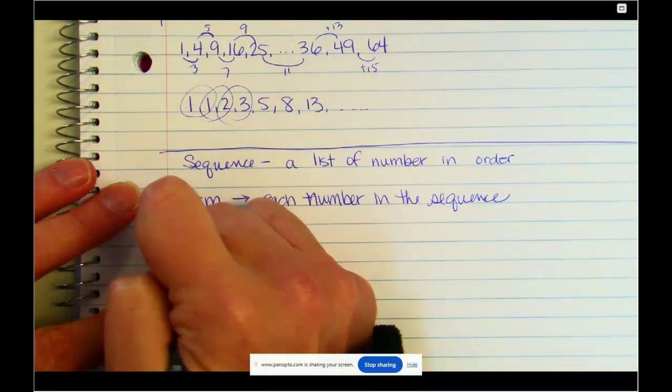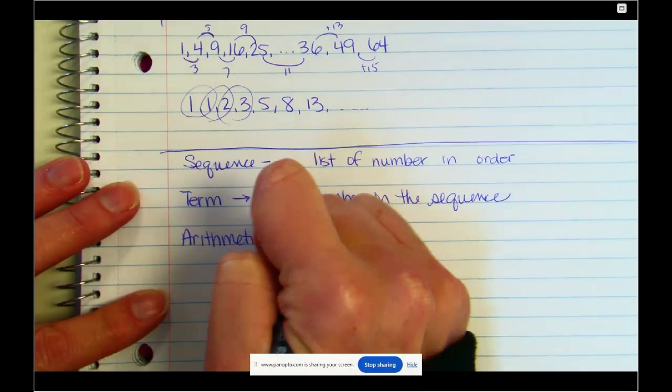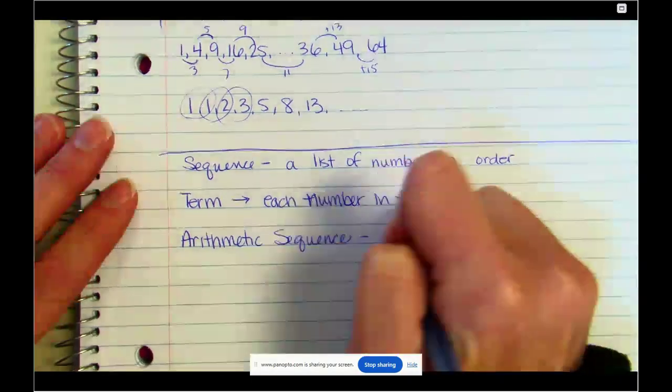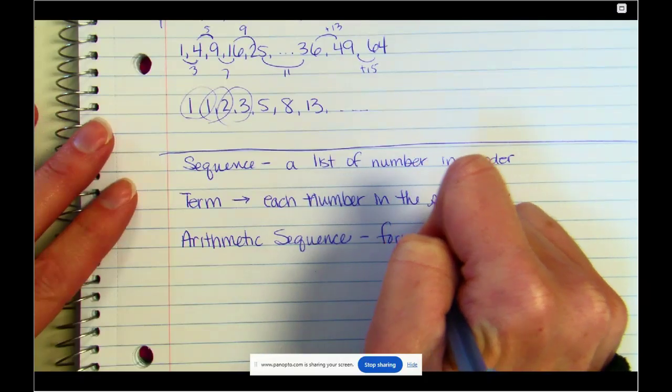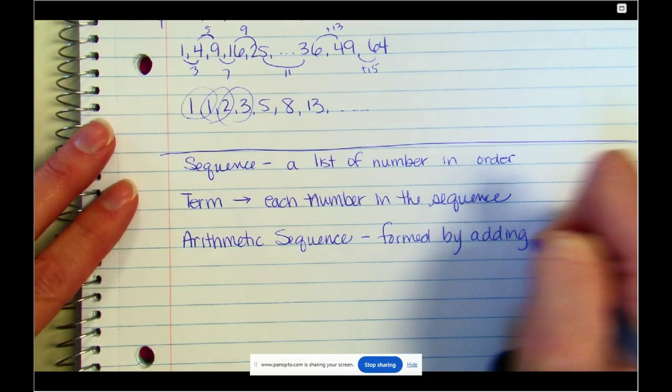So specifically though, an arithmetic sequence is a specific kind of sequence formed by adding or subtracting the same number every time.